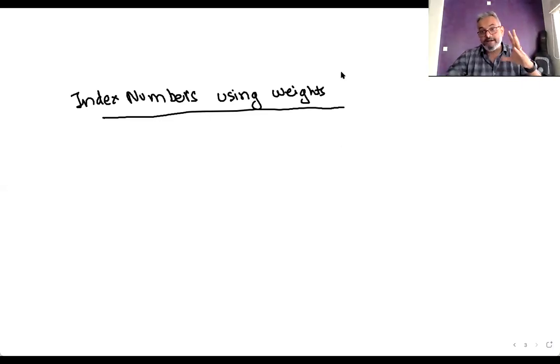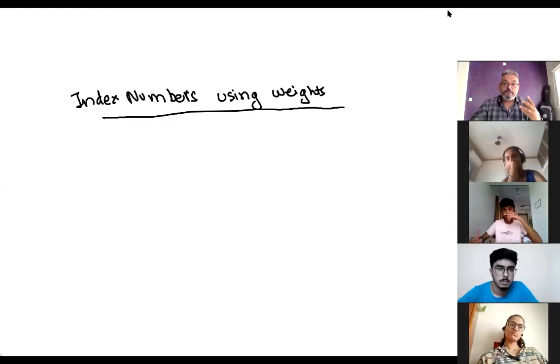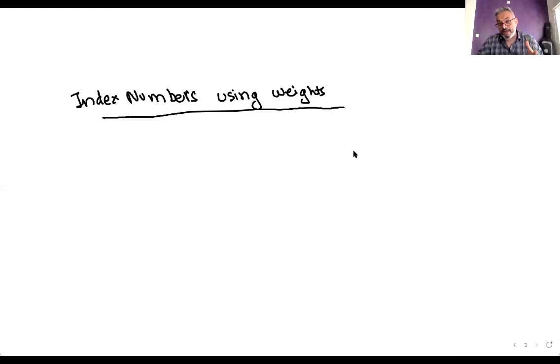For example, right now you have 7 subjects: account, stats, eco, OC, English, Gujarati, and computer. You will give maximum weight to these 4 commerce subjects as compared to the other 3. So that is exactly what weight is. Weight is equal to importance.